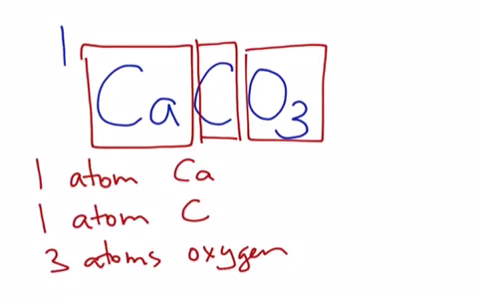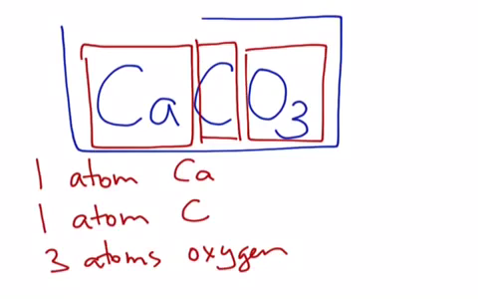Altogether, this makes up one molecule of calcium carbonate. And if I put a spoonful of calcium carbonate powder into a beaker, then you would have millions of molecules of calcium carbonate.